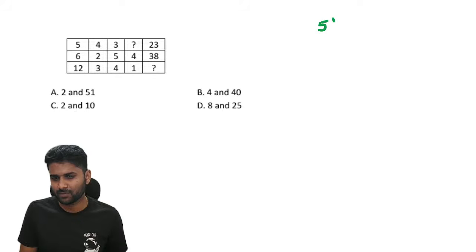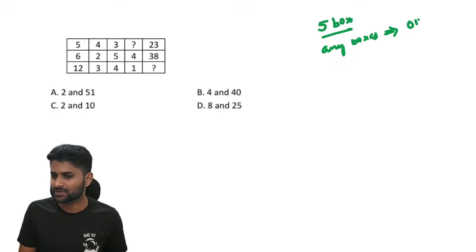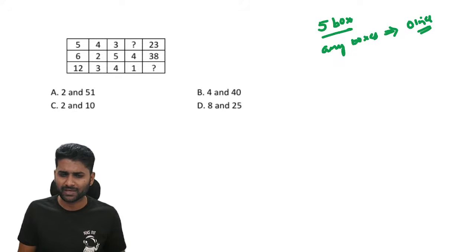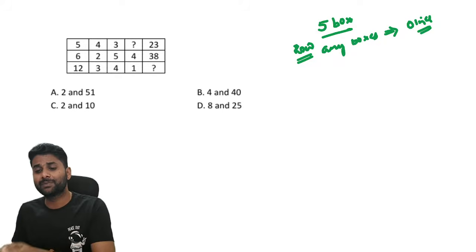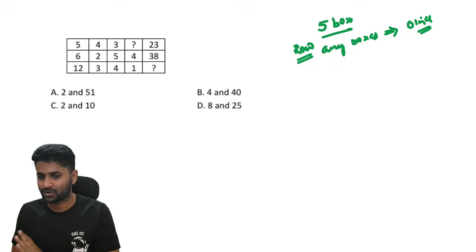If it is 5 boxes, any four boxes, resultant is equal to the other box. If you go through the row approach, you can use any four boxes and apply any mathematical operation. Then it becomes the resultant of the last box.